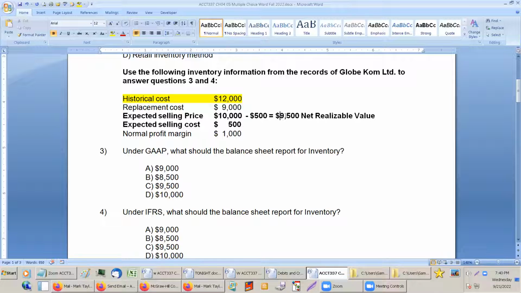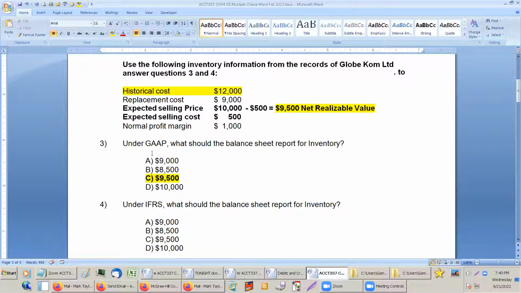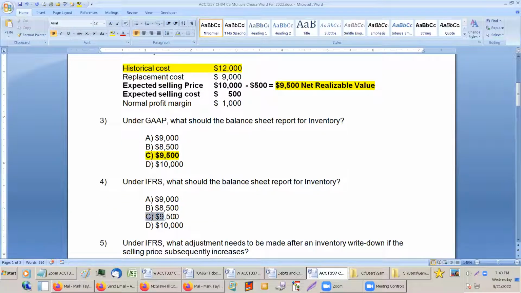Net realizable value. And part of my reason for putting the second one on is just to kind of drive home that for both of these it's going to be the same. Now there is a difference between writing them back up. We don't allow for recovery of inventory. You might wonder why we don't allow for recovery of inventory? Remember, inventory usually sells pretty quickly.